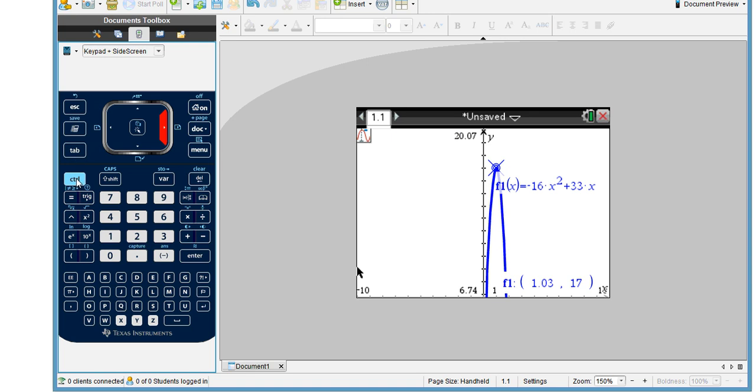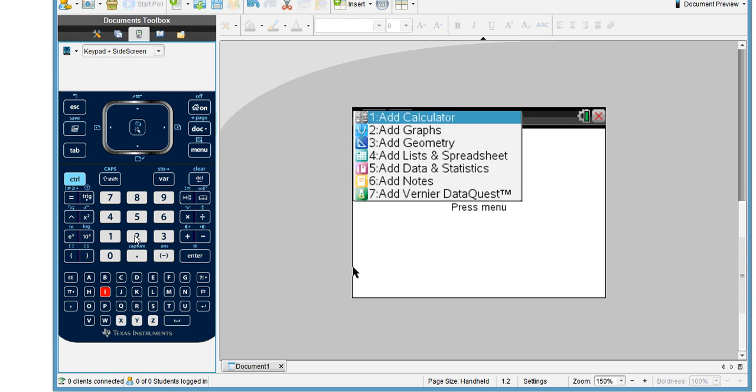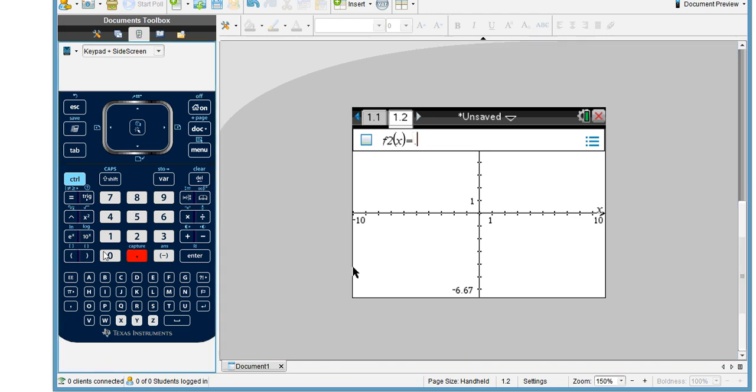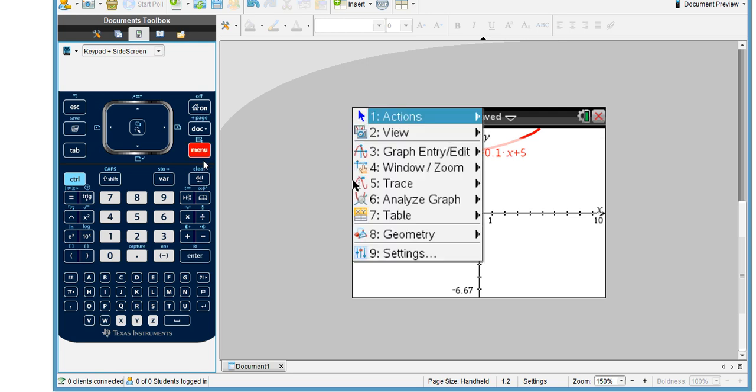I'm going to press Control I, get a new page, add graph, and put in 0.05x squared plus 0.1x plus 5. Then if we graph this, we're going to see this sort of thing here. Well, we can go to graph trace like we did before.